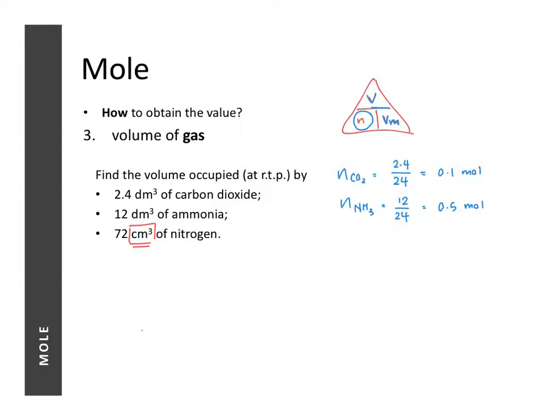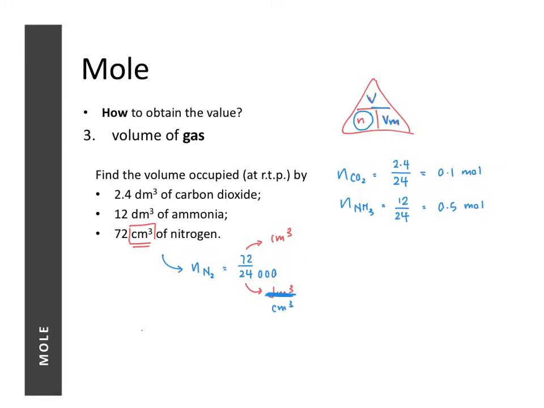Okay, so in this case, the common mistake that students will make is that they will just take 72 divided by 24, which is wrong, because 72 is in centimeter cube and 24 is in dm³. So the correct way is to convert your dm³ into centimeter cube first.